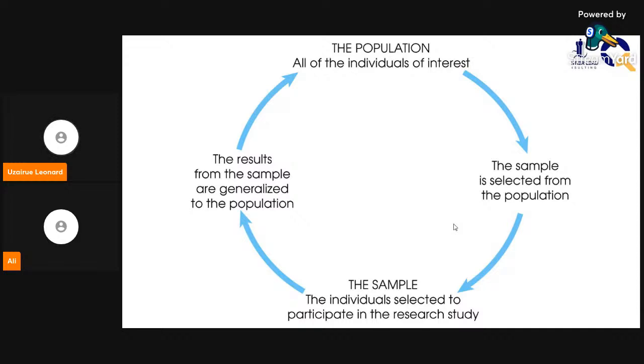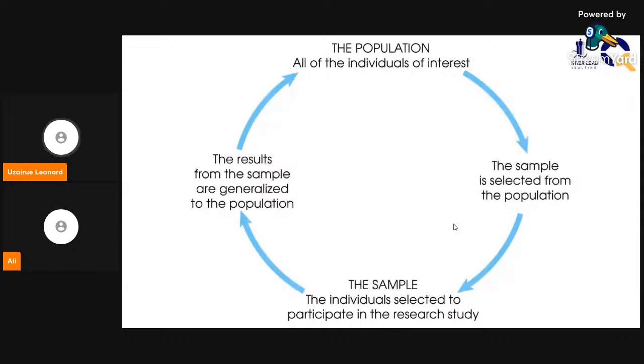The sample is the individuals selected to participate in the research study. Then the results of the sample are generalized to the population.